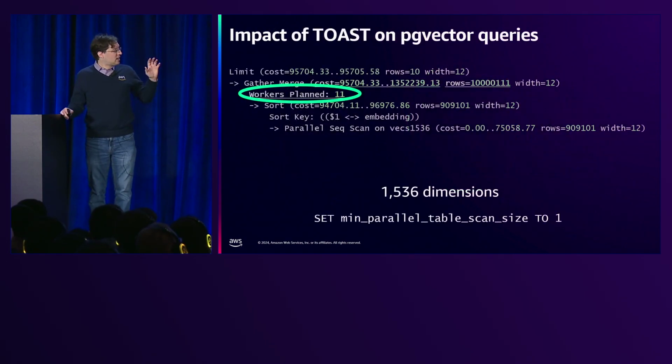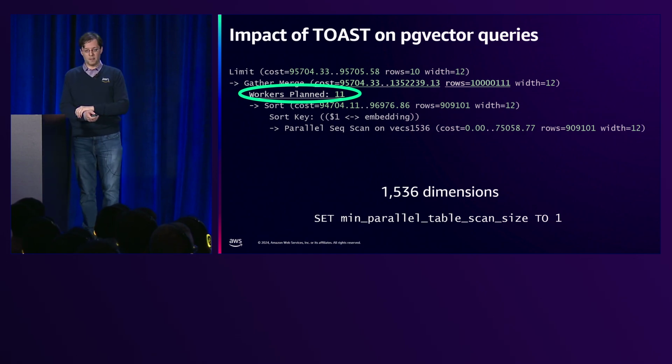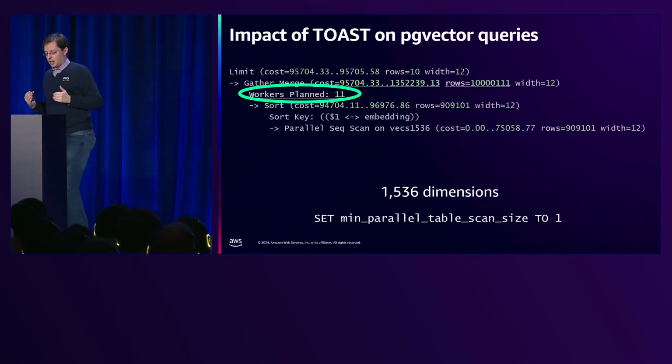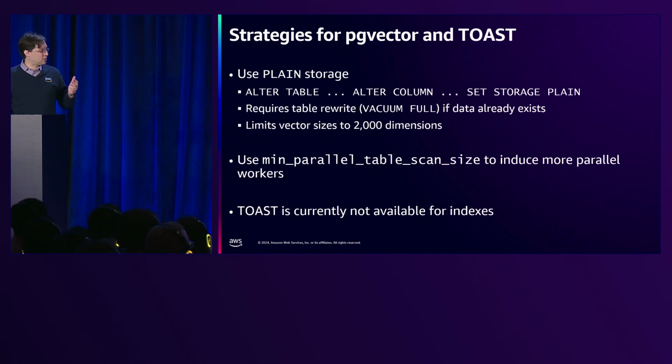Now, fortunately, there's a technique where if you set this parameter, min_parallel_table_scan_size, what's ultimately going to happen is that Postgres is going to estimate better that, oh, we actually need 11 parallel workers to be able to complete this query. So again, this is important. These are the things that as an app developer, I might not necessarily have thought of. But it's good to have these parameters.